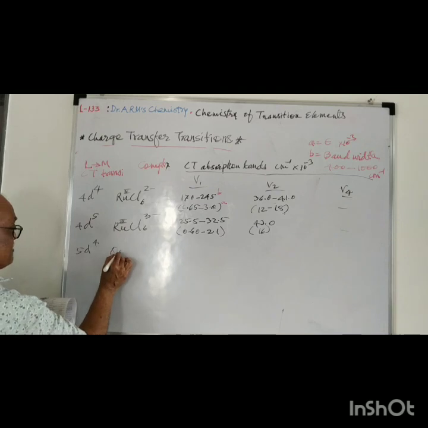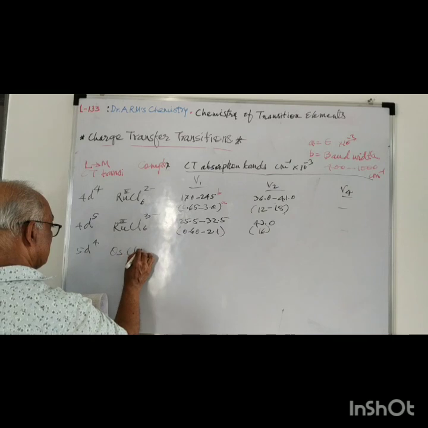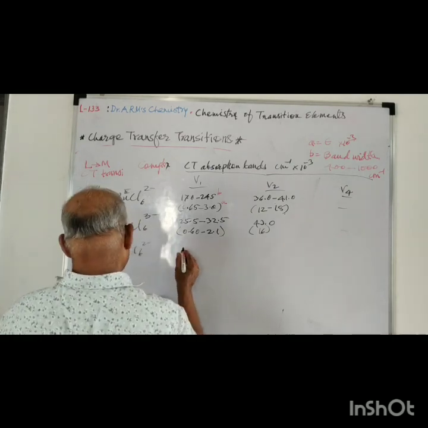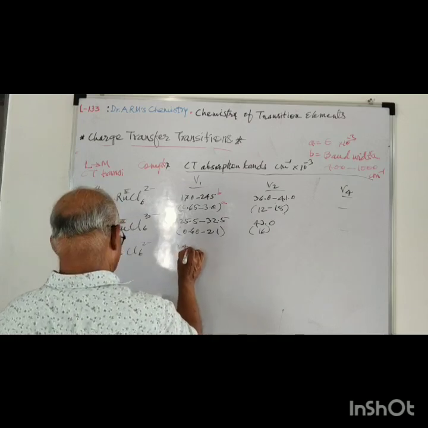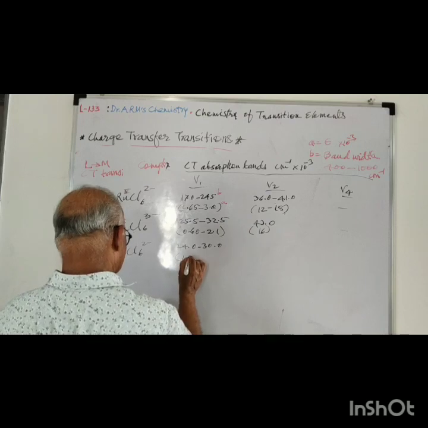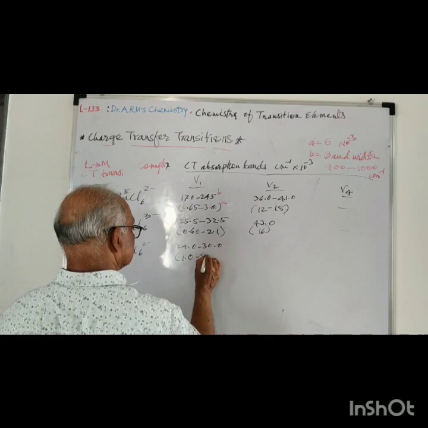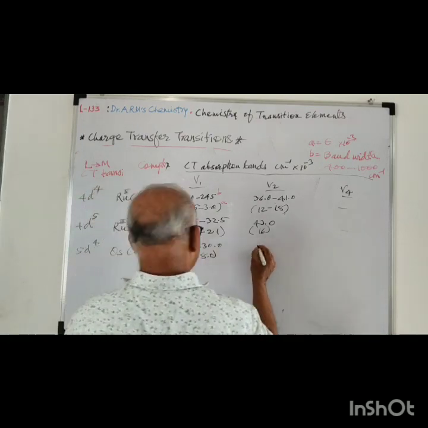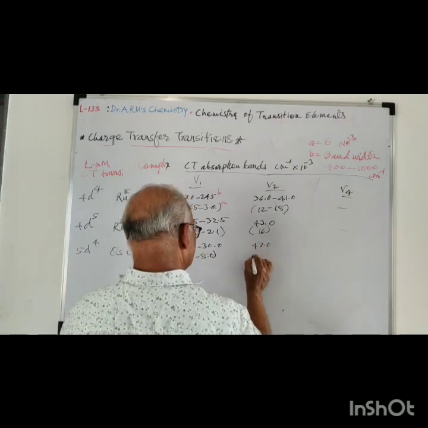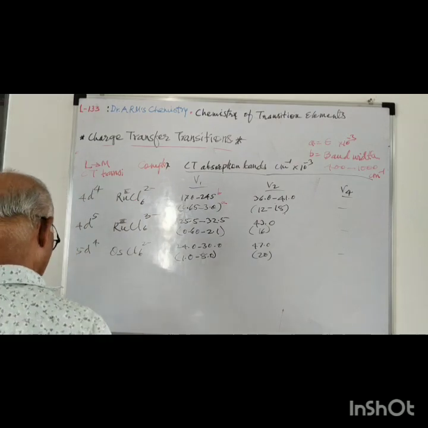Then another case, 5d4. Here the example is osmium hexachloride, that is OsCl6 2-. The V1 values are 24.0 to 30.0, and these are 1.0 to 8.0. Then for V2, the values are 47.0 and 20, and there is no value for V4.